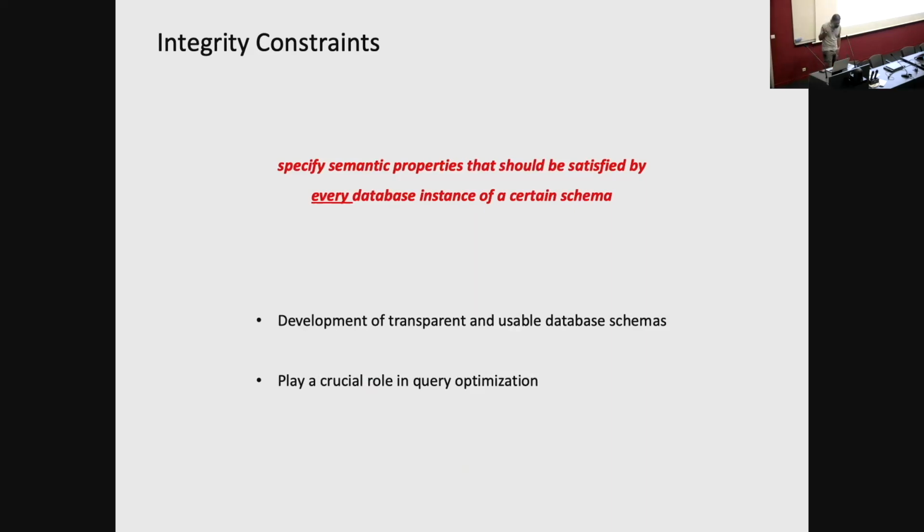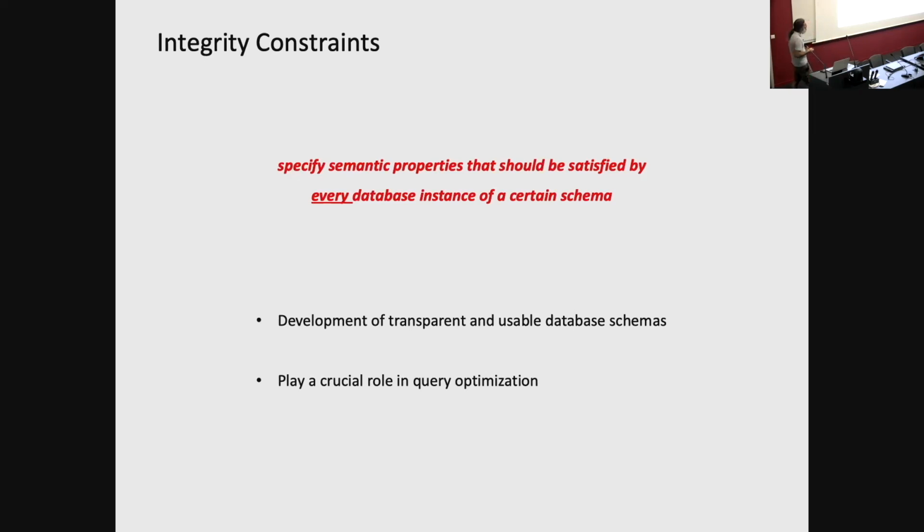Of course, this is not always the case in real life scenarios, to keep our database instances consistent with our constraints. There we need to find other, more refined ways of querying inconsistent data, and this will be the subject of a lecture on Wednesday by Jeff.